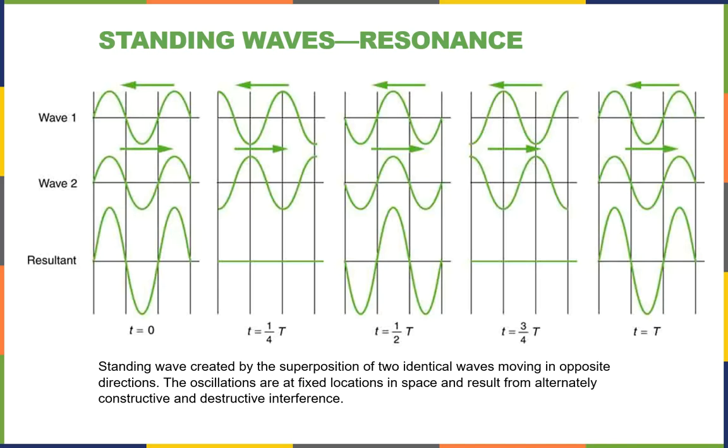The places where you have maximum constructive interference, we call those antinodes. The places where you get destructive, we call them nodes. Now notice at the antinode position, you can go from a big positive displacement to a big negative displacement. And sometimes it goes through zero. But at the node position, it's always zero displacement.